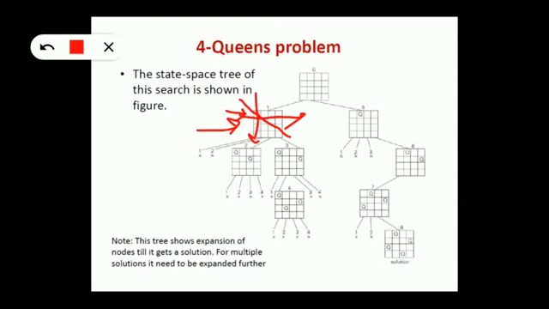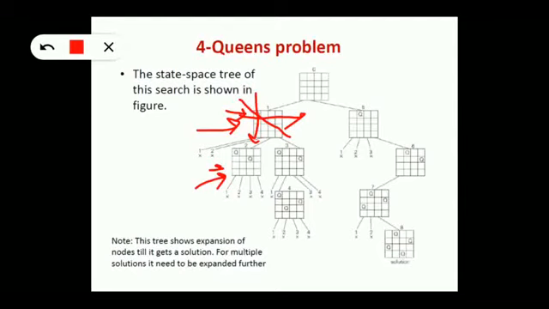So therefore, the possible placement for the second queen is square 2 comma 3, that is second row, third column.